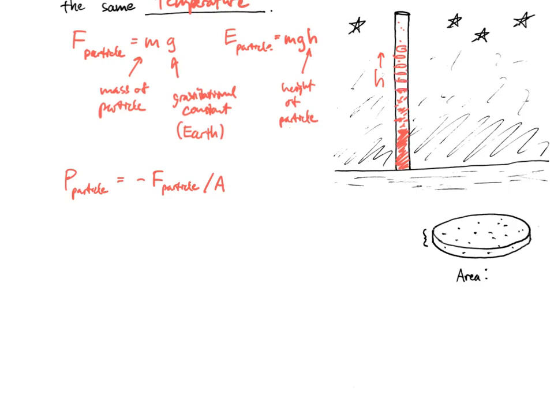I've zoomed in on one of these slices here, and the slice is going to have a very, very thin thickness, which we can just call dh, and it's also going to have an area A. This area is the same as this area here, and as you can see, the slice is filled with particles that I've depicted with those little black dots inside there. Therefore, the pressure exerted by a single particle is going to be negative the mass of the particle times the gravitational constant divided by the area of my column.